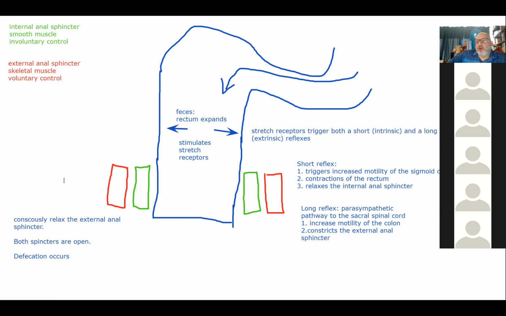And that can be part of the problem, because it's great to feel that need to void and then be able to quickly get to a bathroom and void. But what happens when you feel that need to void your feces and you realize that you just drove past the sign that says it's 35 miles to the next rest stop? All right, you can either pull over to the side and find a bush, or you can drive 35 miles.